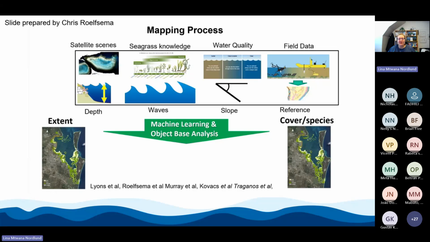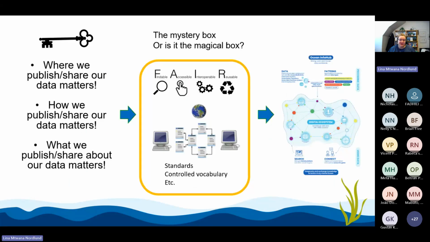So I think what I really want to say is that it's really key about the data, where we publish, how we publish, and what we publish. So we need to contribute that to the digital ecosystem, following FAIR principles, because then this data is becoming available.